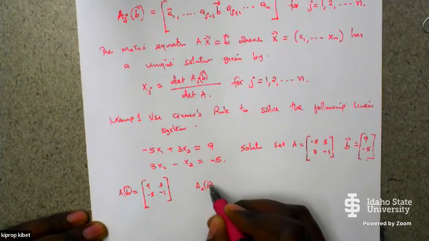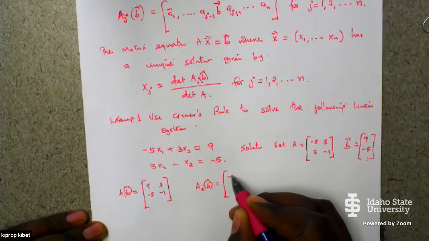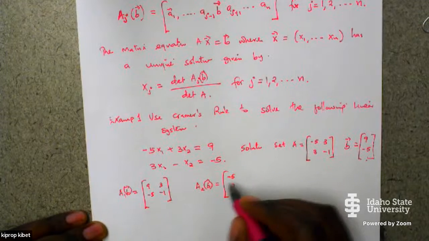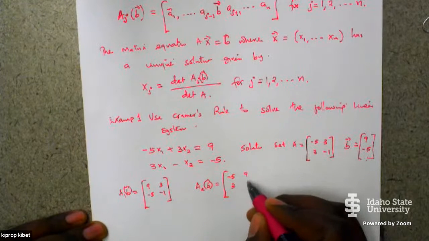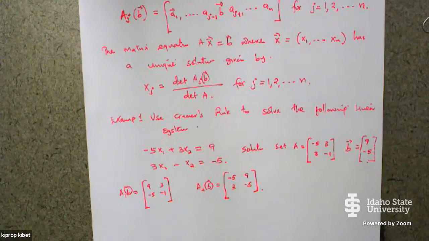A2(B) is maintaining the first one, which is minus 5 and 3, and replacing 3 and minus 1 by 9 and minus 5. And then you get the determinant.